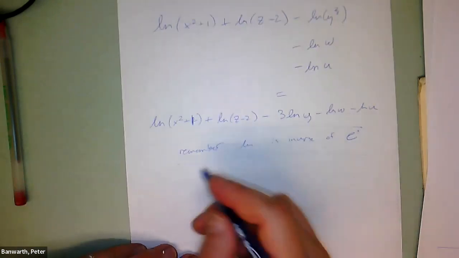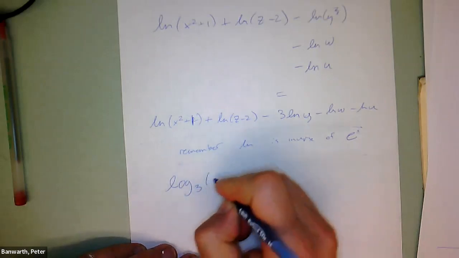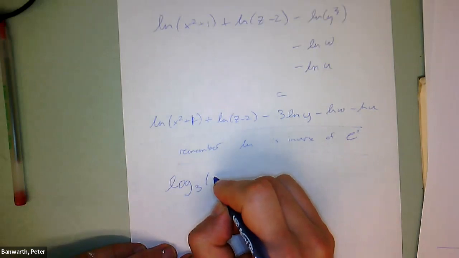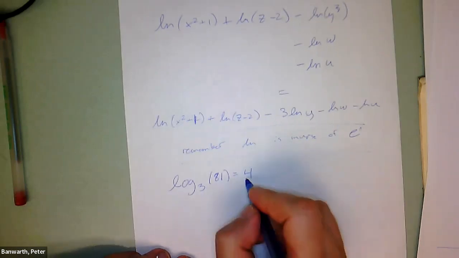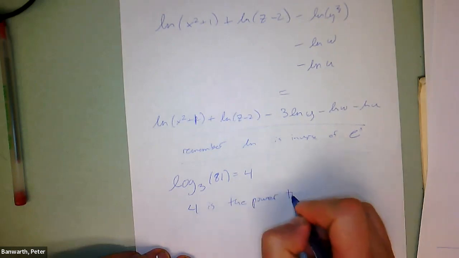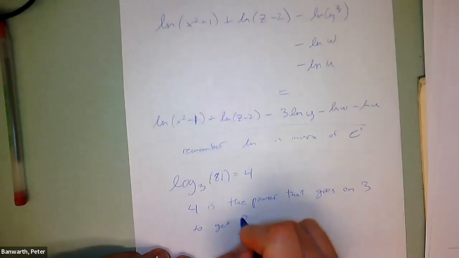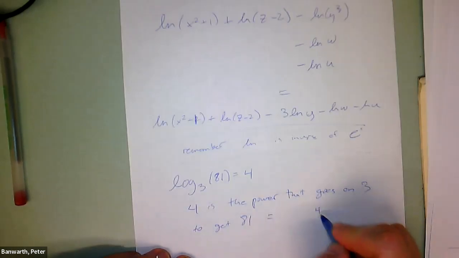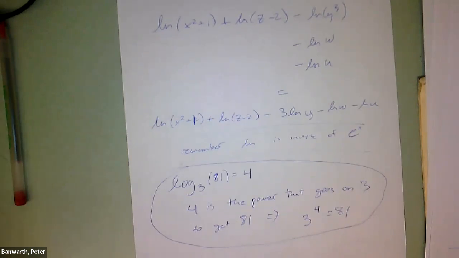But I do think it's worth remembering if I say log base 3 of 81 equals 4, what I'm saying is that 4 is the power that goes on 3 to get 81, which now I can write as 3 to the 4th equals 81. So it's good to be able to go back and forth between those two different forms of the same mathematical statement.